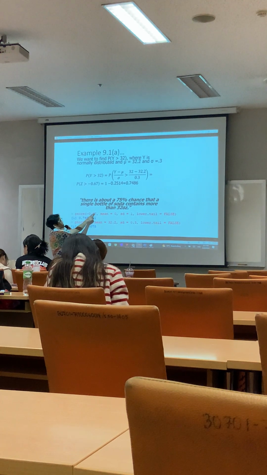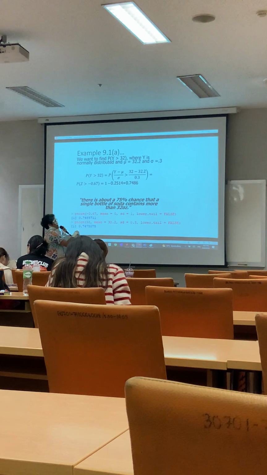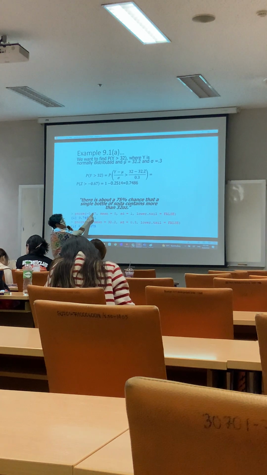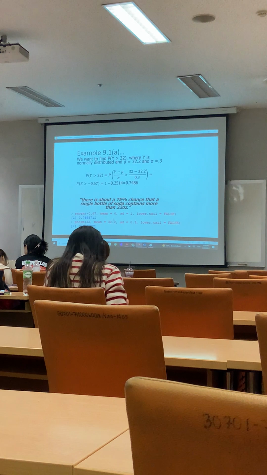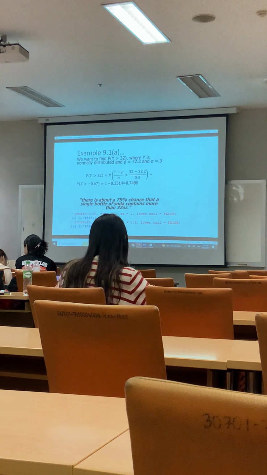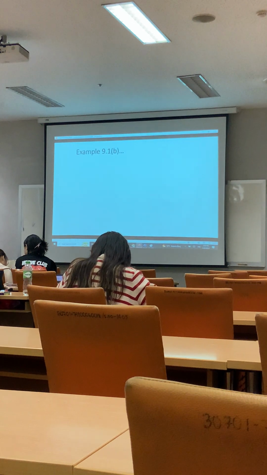So I only put 67, so it rounded up a bit. But if you put 0.6667, you can find something close to the same between these two commands. Right? But now, what the new thing we learned is this.